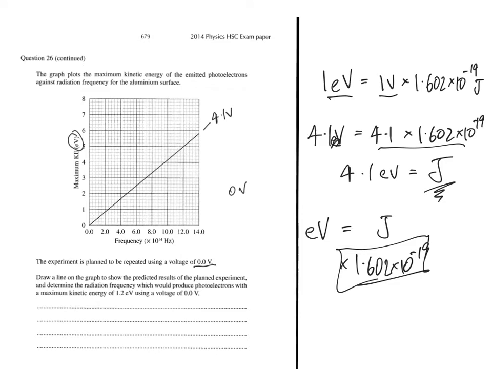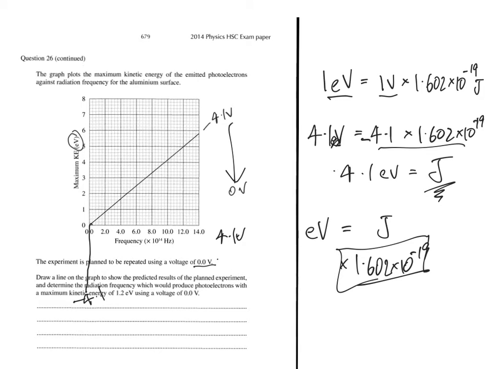Okay, we're reducing it, so the intercept for our graph is going to go down to minus 4.1 electron volts, because it's going down from 4.1, which it was the first time, down to 0 volts.